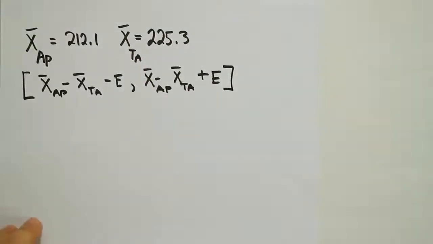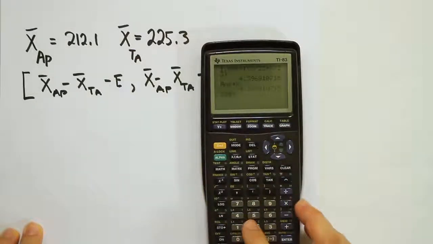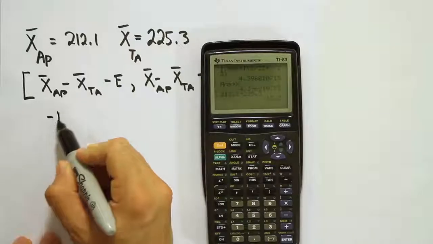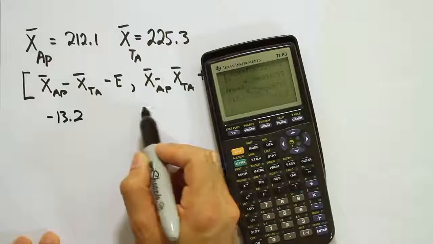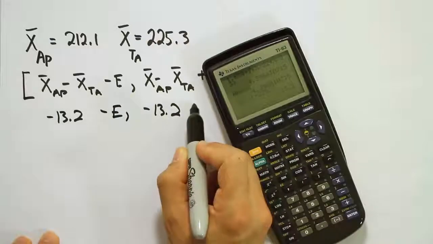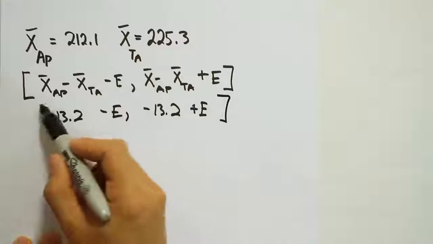Okay, so let's get that difference first between the two appraisals. So 212.1 minus 225.3, we're going to get the answer negative 13.2. And then we'll do minus the error, plus the error. And that will give us our final solution.